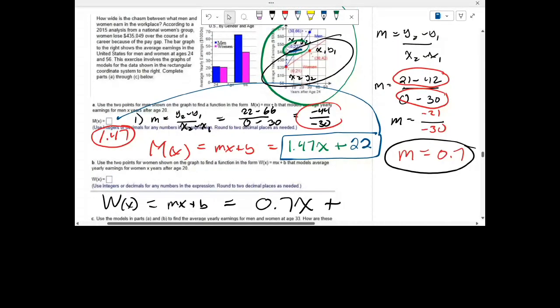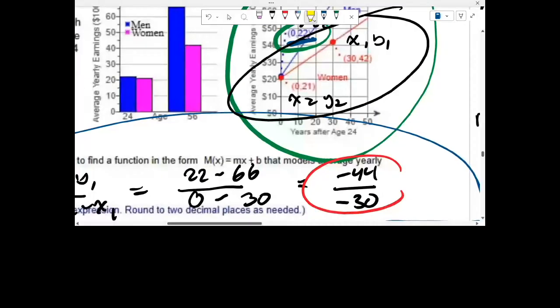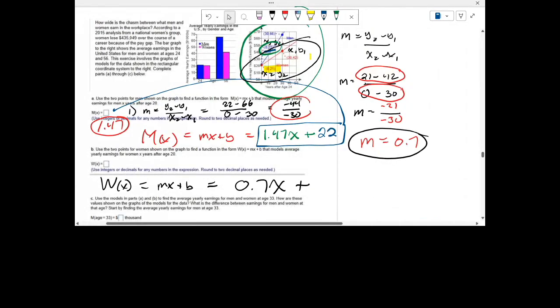The B part happens to be the Y value when the X number was 0. When the X number was 0, the Y value was the number 21. Boom. 21. There we go. Okay.